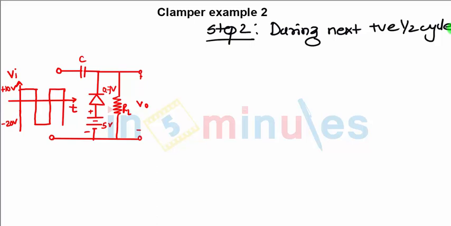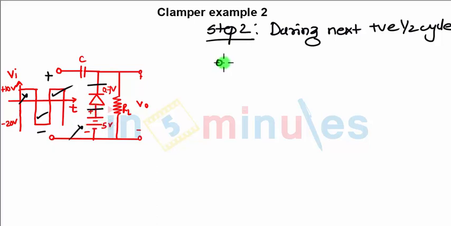Now our step 2 is during the next positive half cycle. What will be there in the next positive half cycle? We are not considering the earlier half cycle, we have already considered it. Now we are moving to the positive half cycle. In the positive half cycle, you will have plus here, minus here, and the diode in this case will be reverse biased. So it will be open circuited and this 5 volt will become redundant.